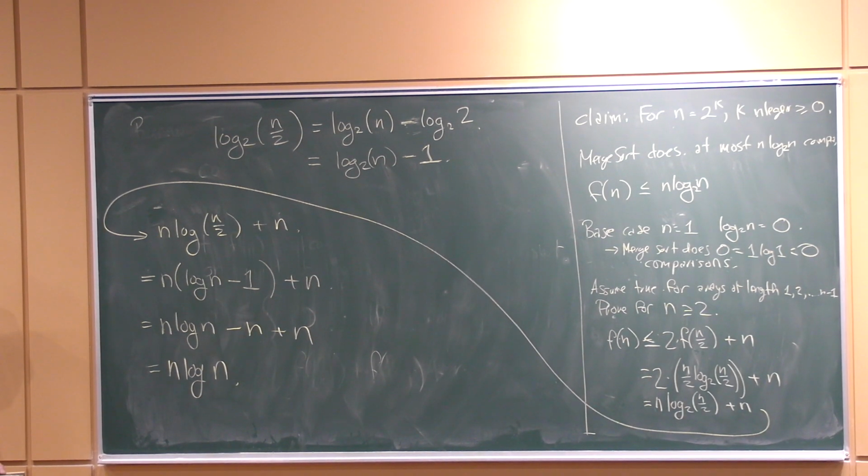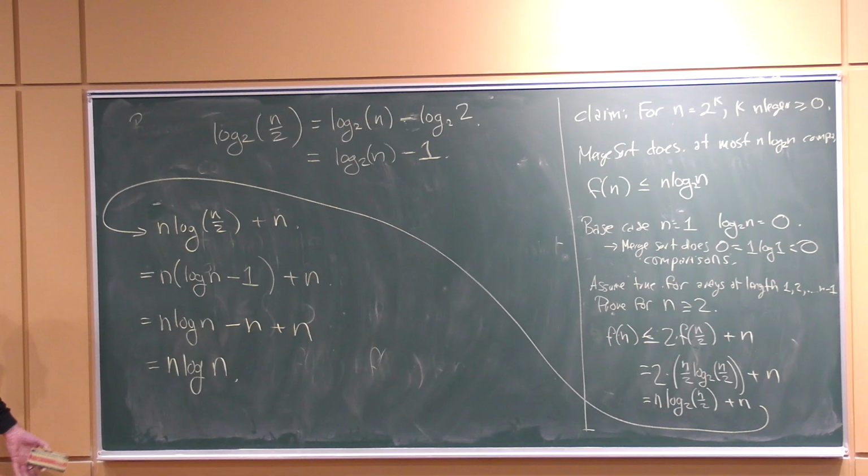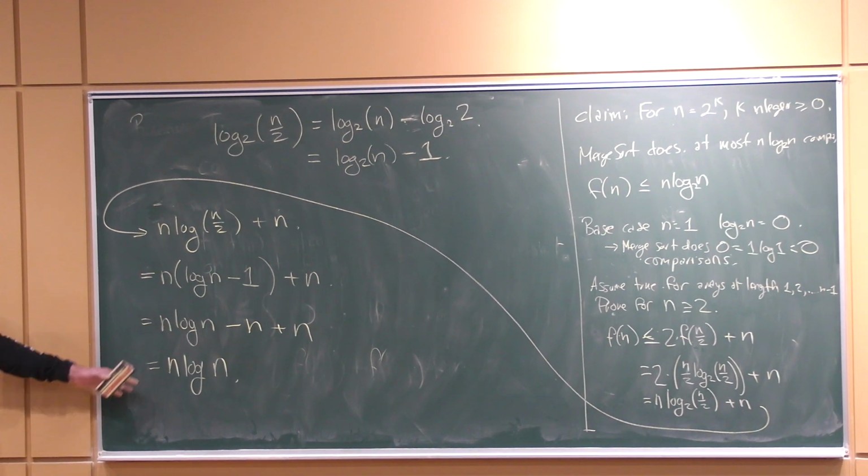The number of instructions executed by MergeSort is some constant times this thing. I don't know what constant, because it depends on exact details of your implementation, what kind of machine it's running on, and so on. But it's proportional to n log n.